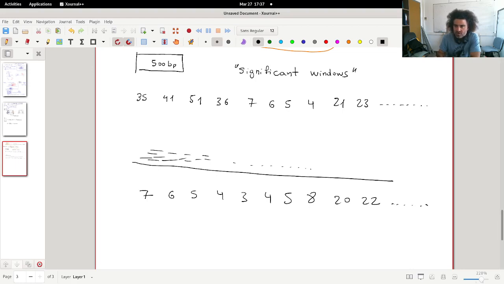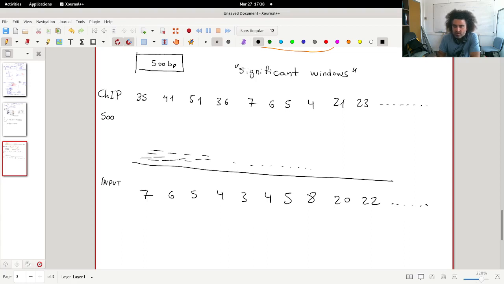These numbers come from the ChIP sliding window, for the same window size, so 500 base pairs. We slide it along the genome and we found these reads. And for the input, we slide the same window and we found these reads.